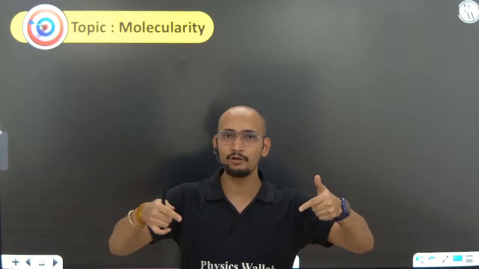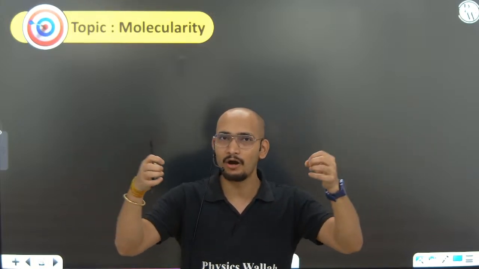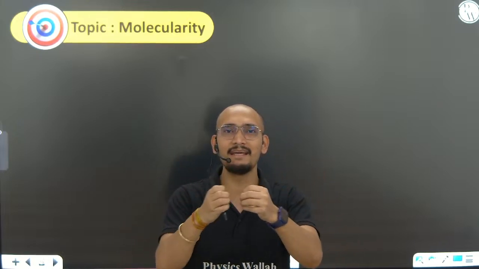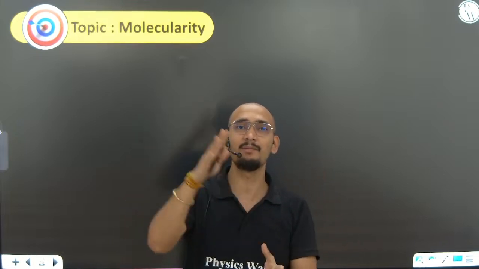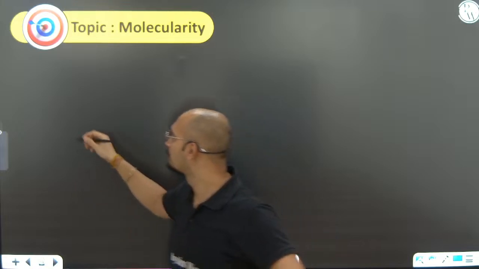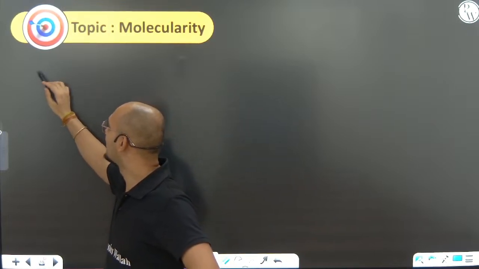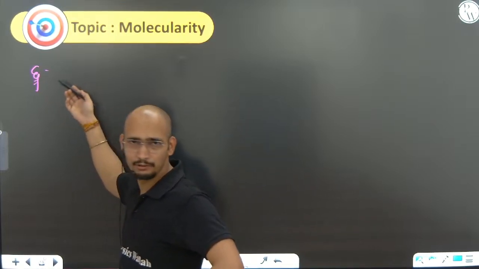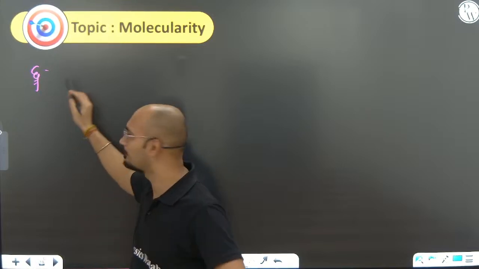So the number of simultaneously colliding reactants at any single point of time, to give the product, is called molecularity. I'm directly giving you an example because the definition I have already told you.